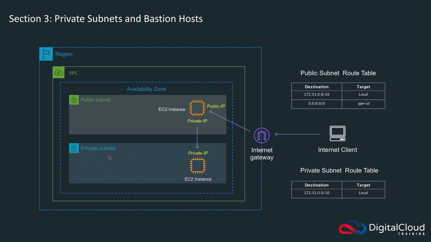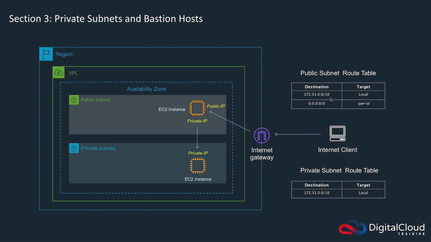So the key difference with a private subnet is that it doesn't have an internet gateway in its route table. So remember, every subnet must be associated with a route table. Now, a public subnet has a route table that has two entries at a minimum. So firstly, you have this route, which is the CIDR block for your VPC.